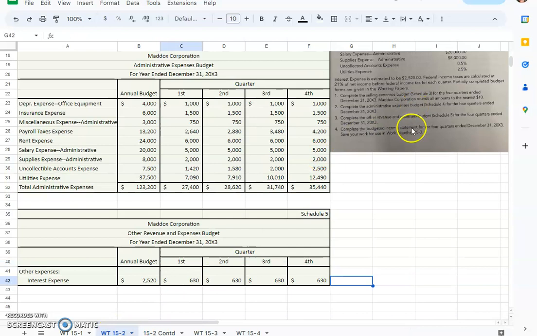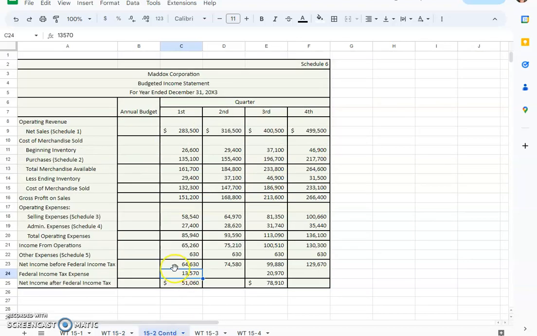And according to this problem, it says federal income taxes are calculated as 21% of net income before federal income tax. So this should be equals 0.21 times net income before federal income taxes, and might have needed to be a round function.